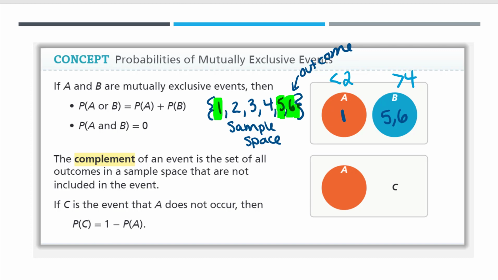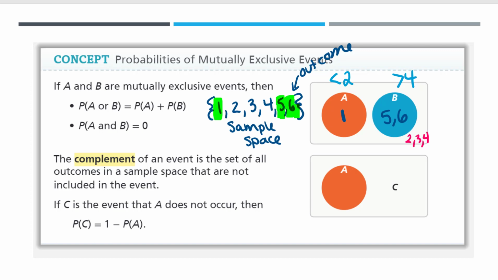Now in our Venn diagram, what we would do is take the numbers that are in our sample space but not included in the events, and we'd leave them in this rectangle that's outside of our circles. So 2, 3, and 4. The entire Venn diagram is the rectangle with the circles, and it shows our complete sample space.